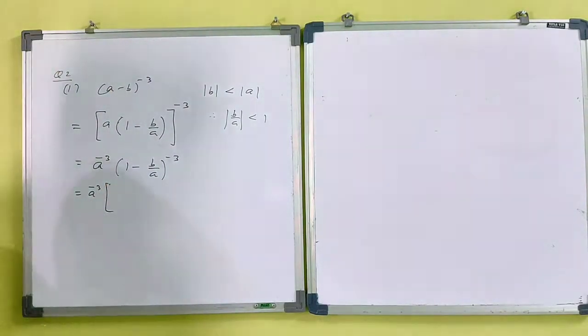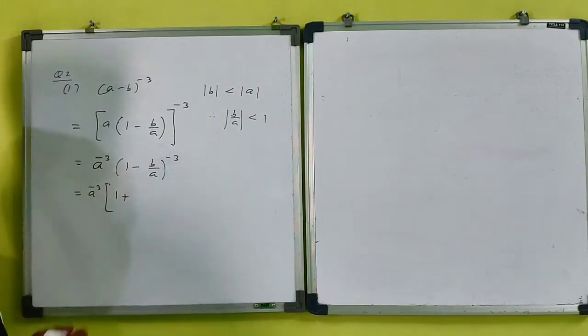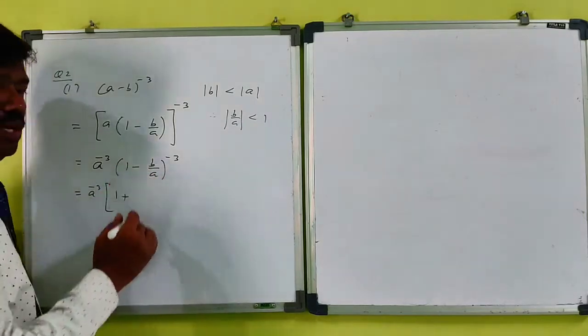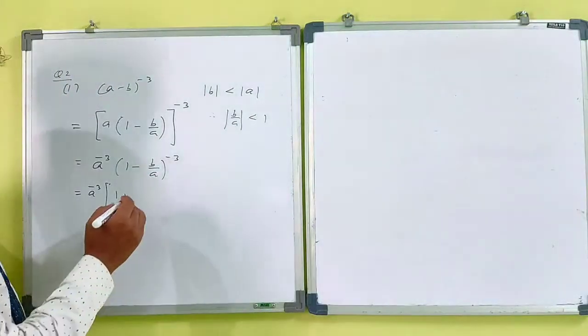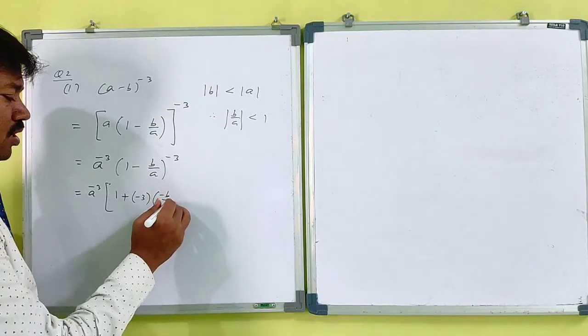Now we write the first 4 terms. There is alternate plus minus, so we write x as minus b upon a. So it is minus 3 times minus b upon a.